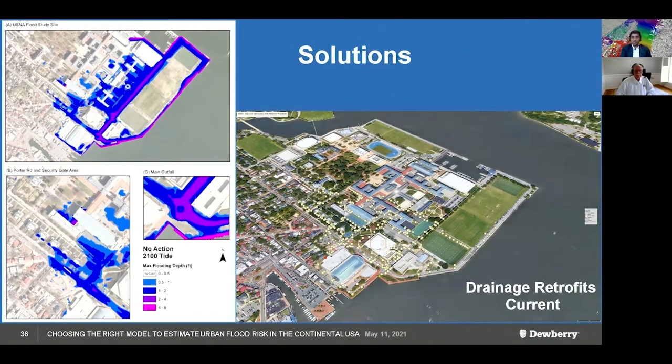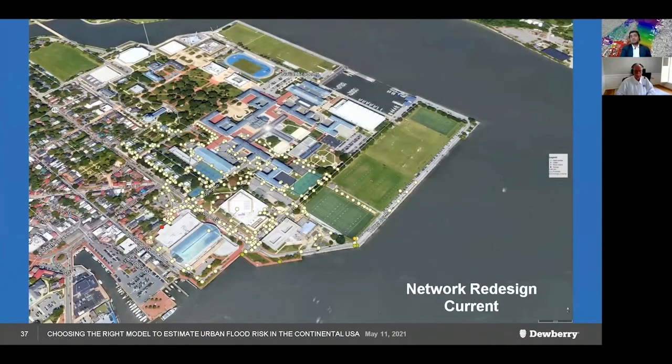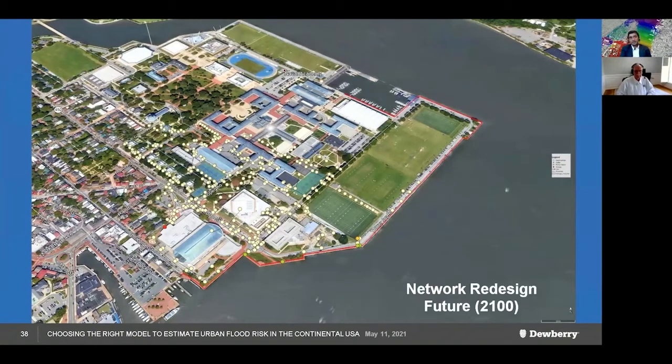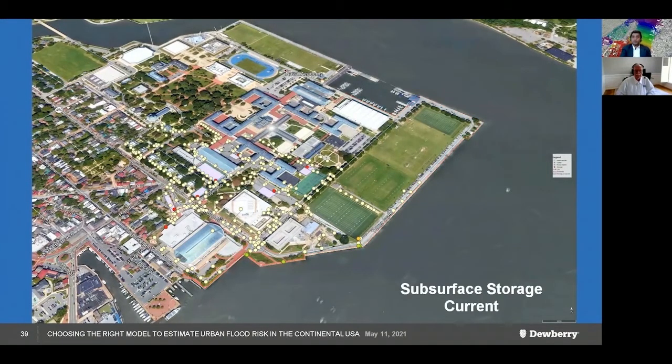So the drainage retrofits for the current conditions, for the future conditions, you see that red flood wall line along the perimeter, which is going to be required for the future conditions. The network redesign, that's the current conditions plus flood wall and pump station to handle the end of the century scenario, subsurface storage wherever possible for the current scenario, that plus the flood wall for the 2100 scenario.